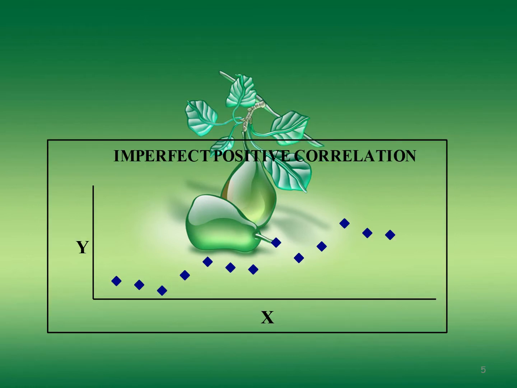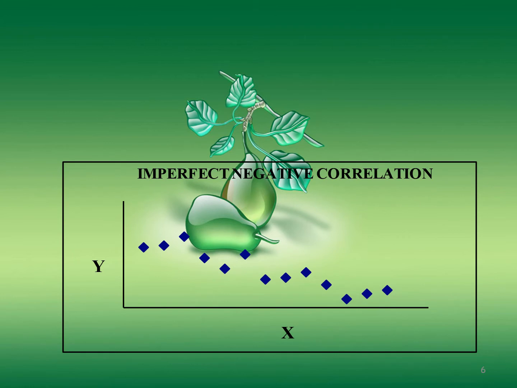For imperfect positive correlation, again the points go from bottom left to top right, but they are not collinear but show a somewhat increasing trend from bottom left to top right. Similarly, for imperfect negative correlation, the variables show a trend from top left to bottom right, but they are not collinear.